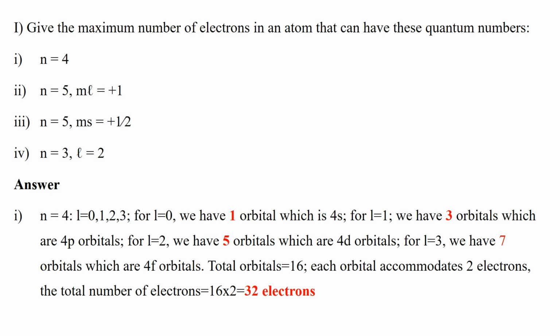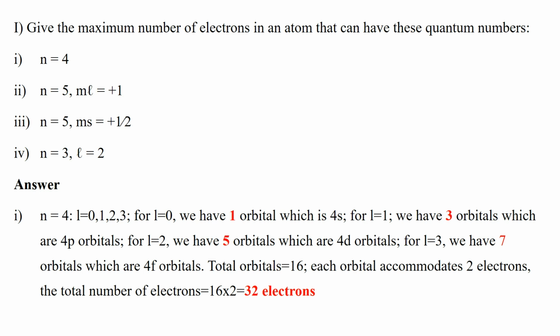With n is equal to 4, we have different values of l from 0 to 3: 0, 1, 2, and 3. For l is equal to 0, we have one s orbital, and in that case, we will have 2 electrons in one orbital. Because n is equal to 4, we will be having 4s. Then for l is equal to 1, m will be equal to minus 1, 0 and 1, meaning we will be having 3 orbitals.